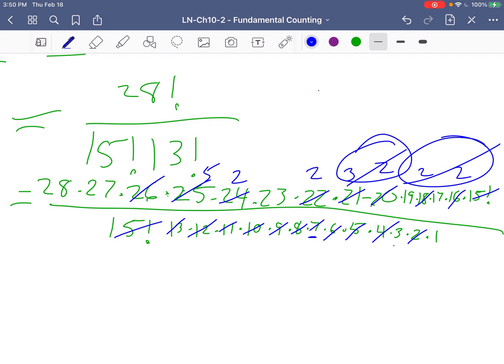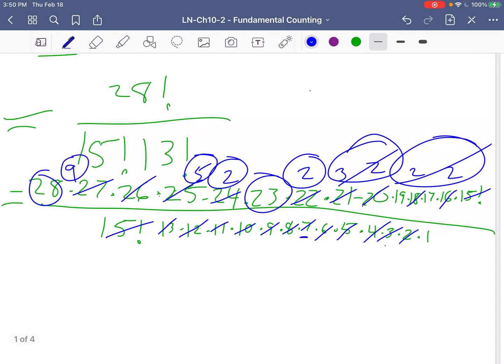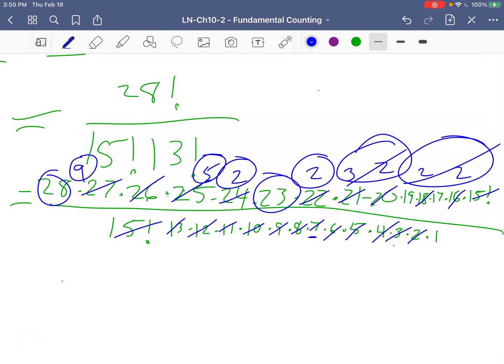Where would we have 3? 3 goes into 27 9 times. So if we multiply the stuff left on top out, we have 28 times 9 times 5 times 2 times 23 times 2. And when we multiply all that out, we have 112,326,480.